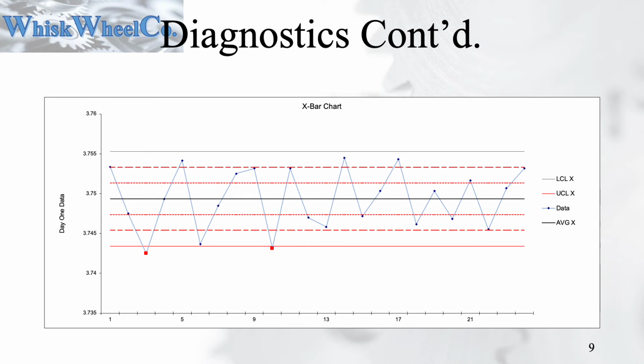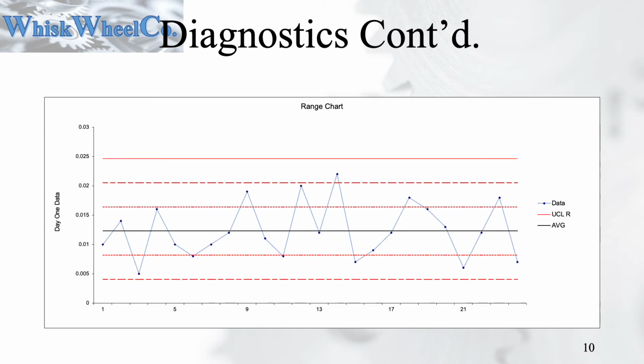The X-bar chart shows that the data points are too varied and not predictable, not under control. Additionally, we created a range chart from this. The range is spread out far too large beyond the acceptable specification limits, and we have too many parts being created that do not meet the requirements of the customer.